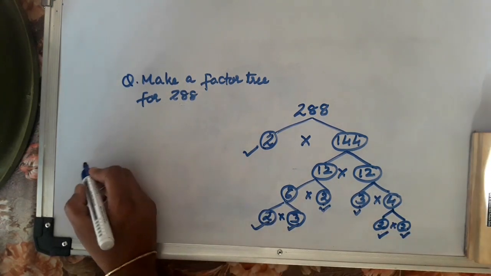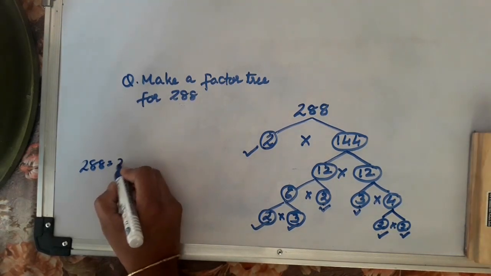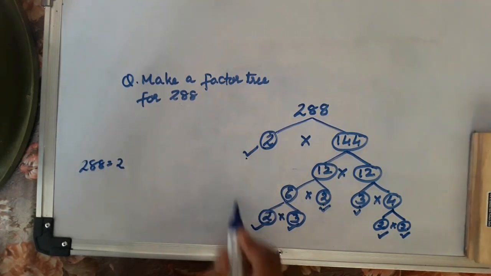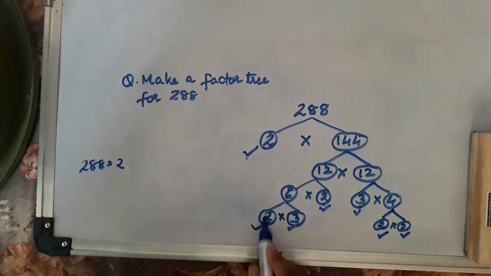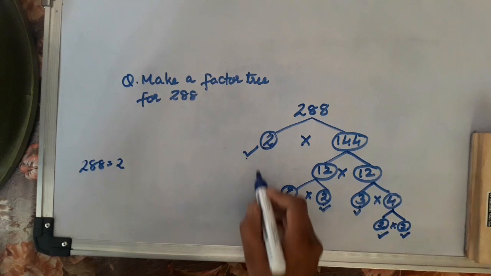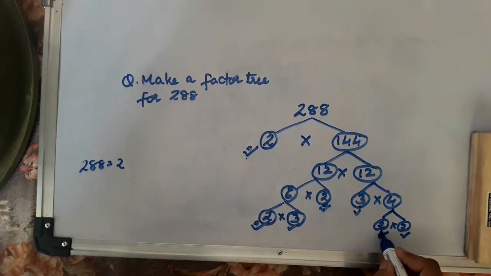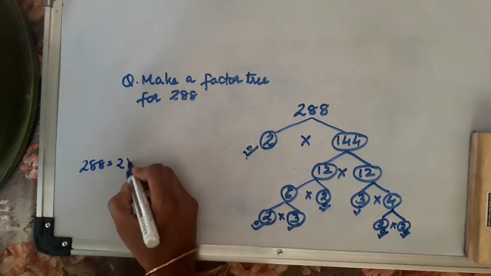So for 288, we got the numbers as 2. How many times 2 we got: 1, 2, 3, 4, 5. 5 times 2.